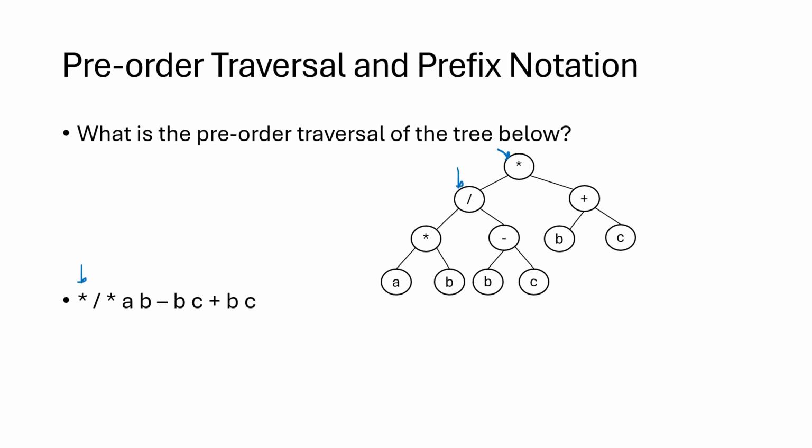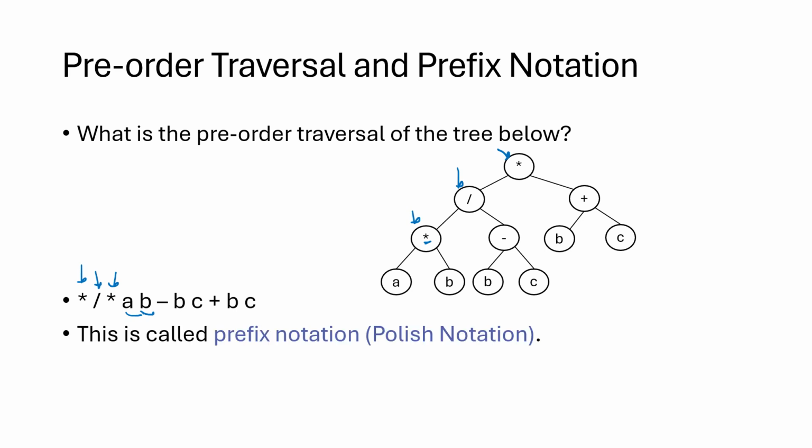Then we go to the left, we have division, so that's the division here. Then we go to the left again, we have multiplication, so that's the multiplication here. And then we go to the left, we have A, and then we go to the right, we have B, and so on and so forth. So if we do a pre-order traversal of this parse tree, what we get is that expression that we had in the previous slide, but this time in prefix notation.